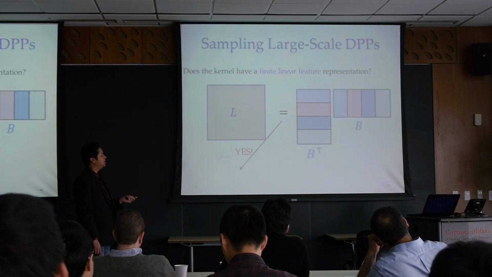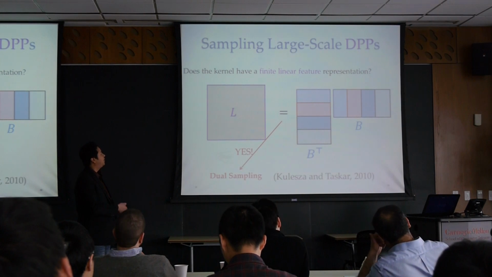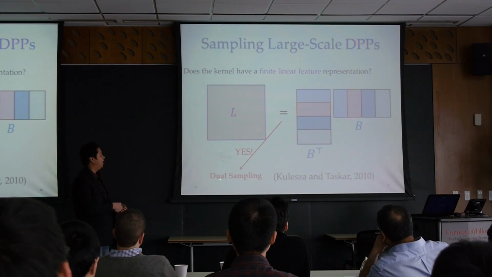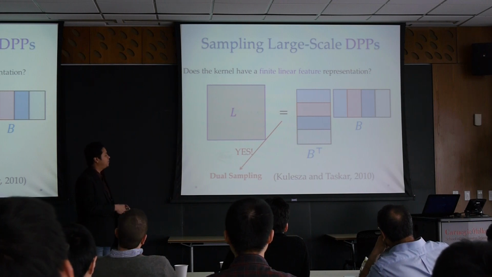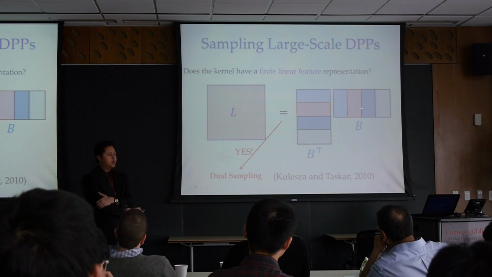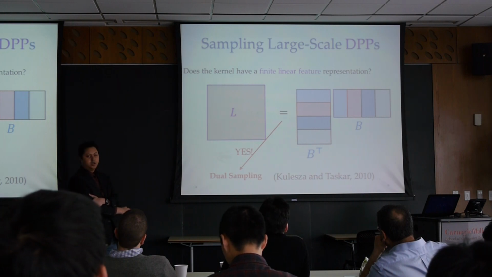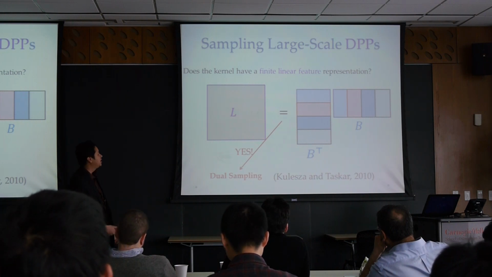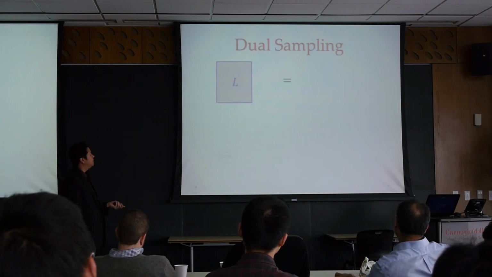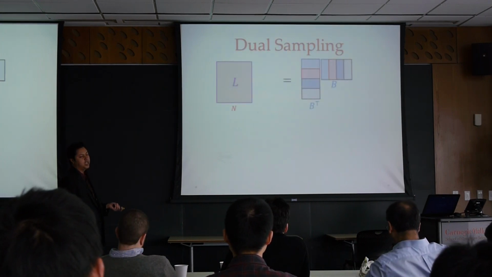The first question we want to ask: this problem has been solved in the case where the kernel is represented by the dot product, the inner product of the feature vectors, like the example we have with the images just now. It was done in 2010 by Kulesza and Taskar. The whole idea is that it's kind of cute.